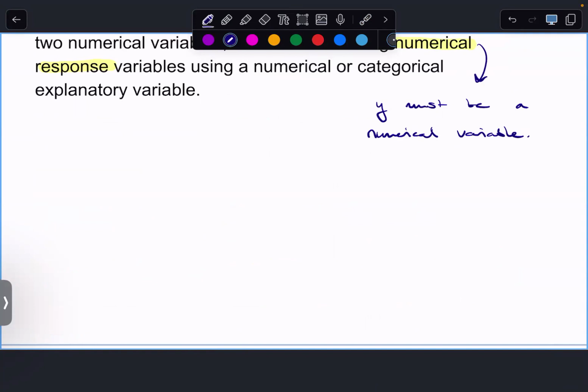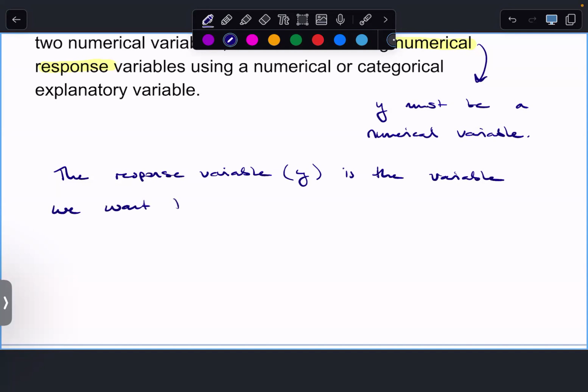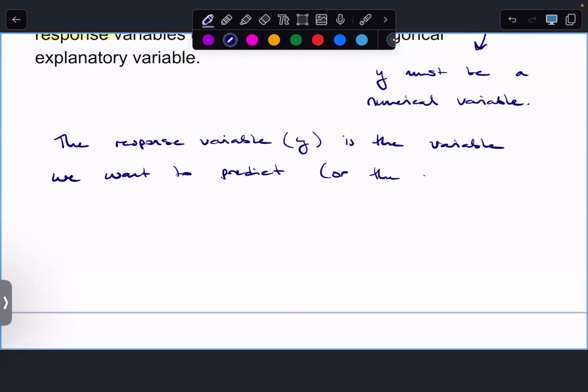The response variable is the thing that we want to predict, right? And so the response variable y is the variable we want to predict, or just generally the variable of interest.